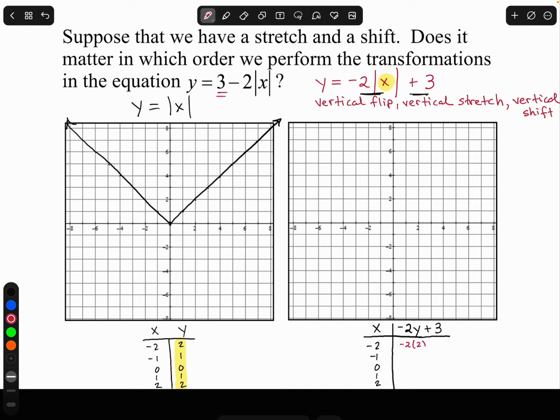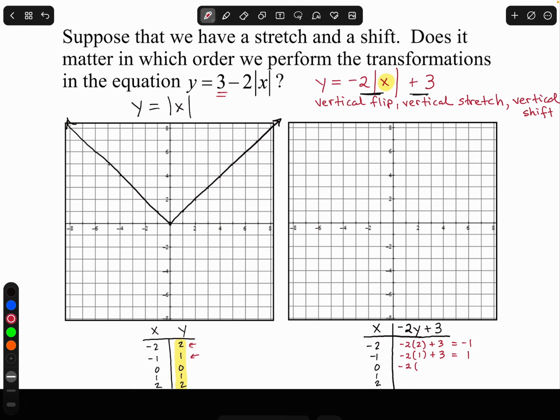So if I said negative 2 times 2 plus 3, that would give me negative 1. If I did negative 2, I'm sorry, that should have been negative 2 times 1 plus 3. Remember, these are coming from over here, what I'm inserting for x. I would get negative 2 times 1, that'd be a negative 2, plus 3 is 1.